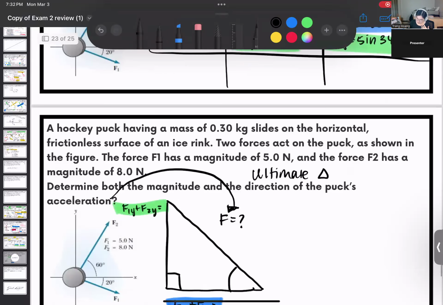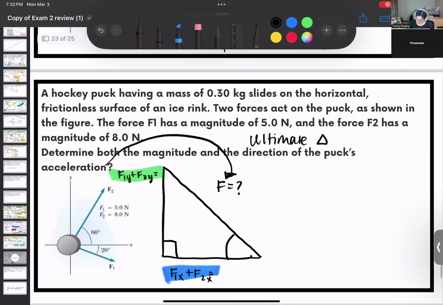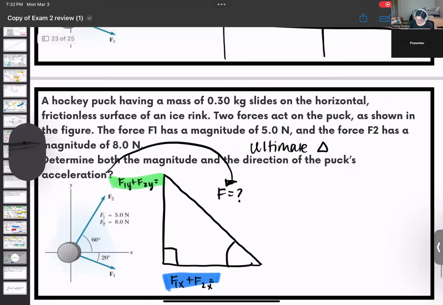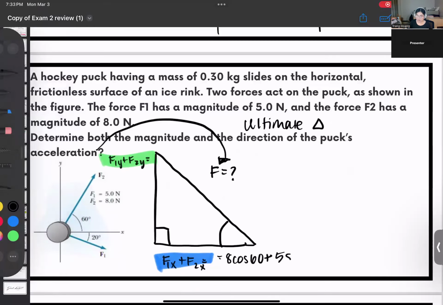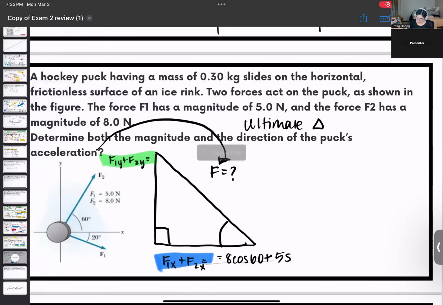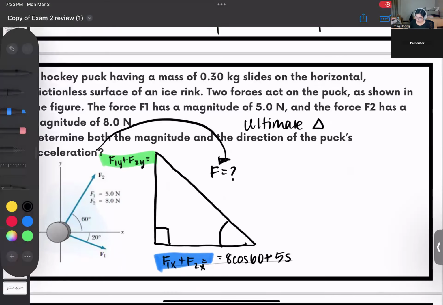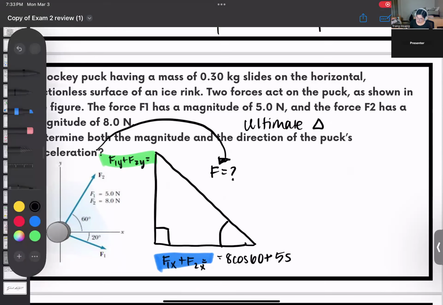It's coming from someplace. Oh my gosh, 8 cosine 60 plus 5 sine 340. What just happened? Thank you for saving it so much. 340.